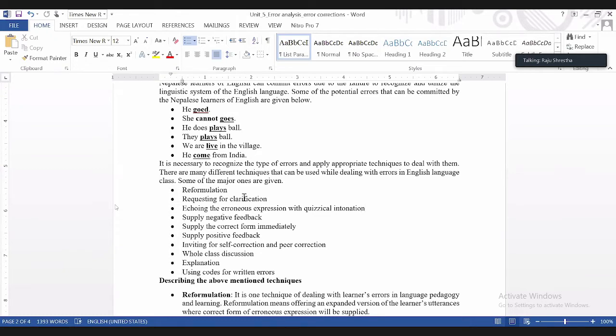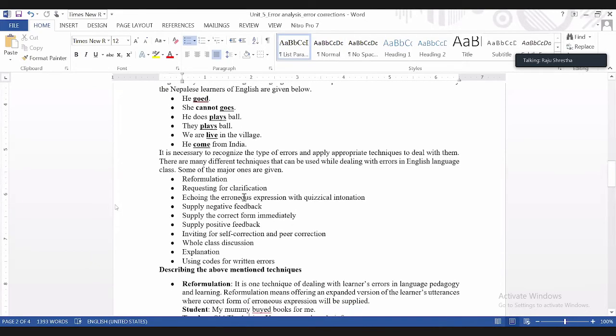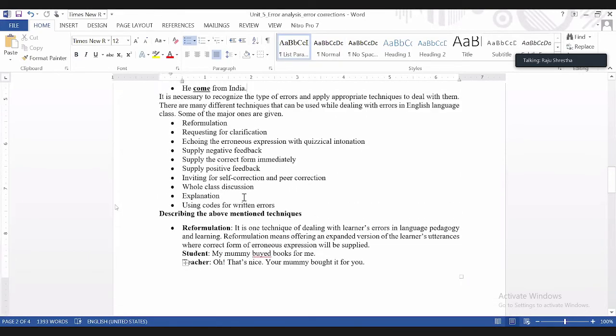Supply negative feedback, say no. Supply the correct form immediately, "He has long hair," directly. Then supply positive feedback also. Inviting self-correction and peer correction we can do, and whole class discussion we can make. A piece of writing we select and demonstrate in the class, and we discuss.